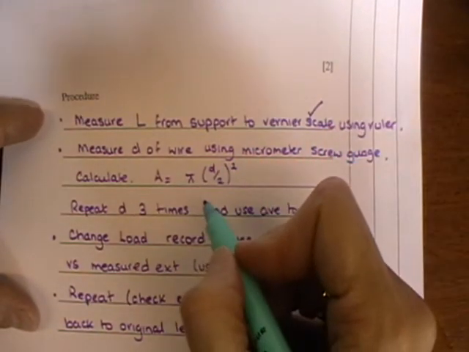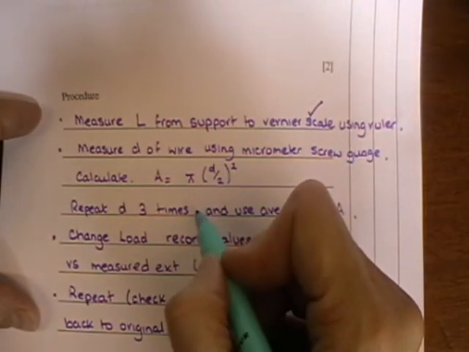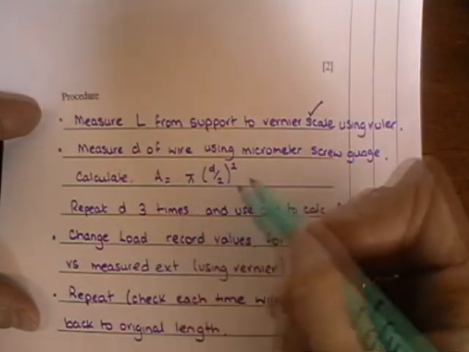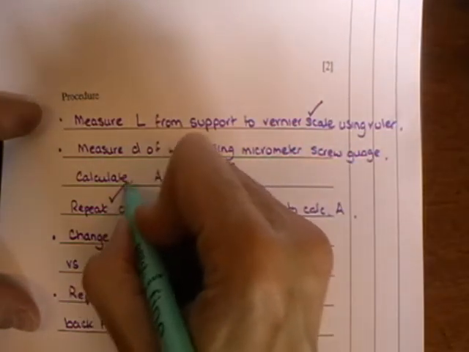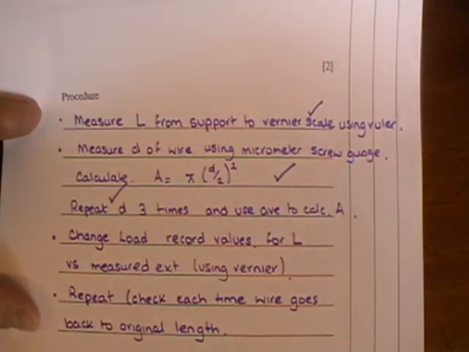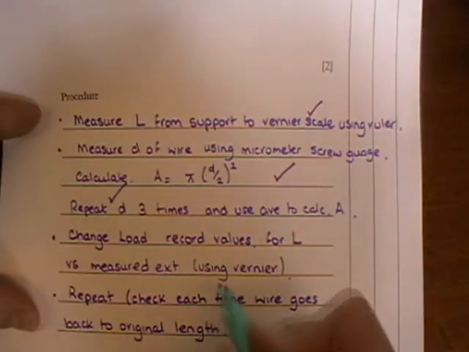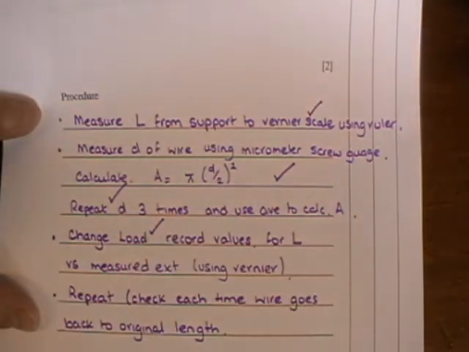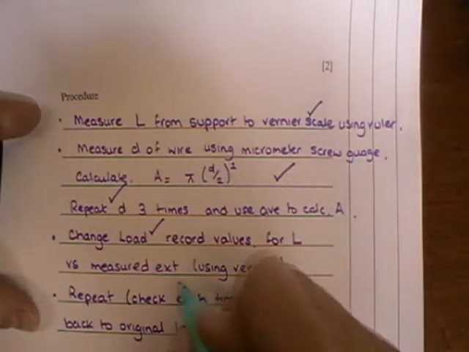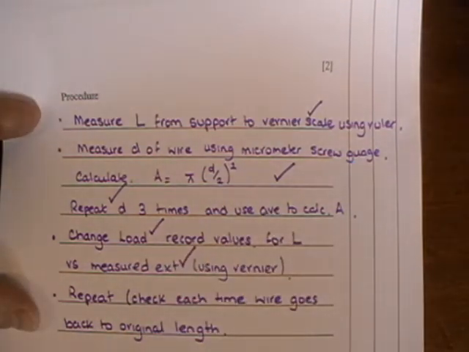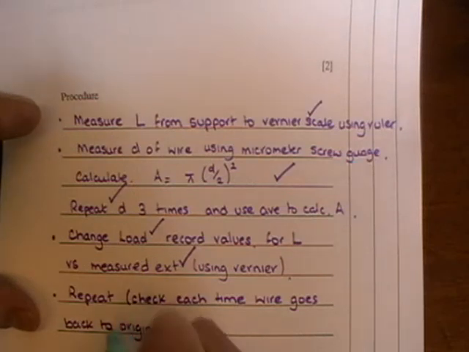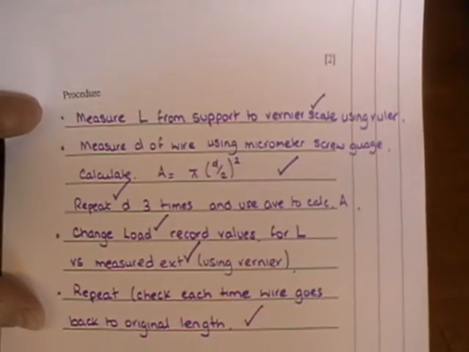Measure the diameter of the wire in 3 places to get an average and calculate A. Change the load and measure extension for each load. That's 5 there now. And then repeat, and that would give you a 6th mark, and it's only 5 out of 6.